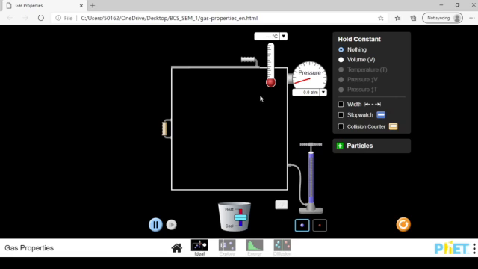As well as temperature. At the bottom, this is a heater or a cooler. How will this help? Well, we will be adding temperature to the container, or we can make it cool, so that we can see the effect on gases.